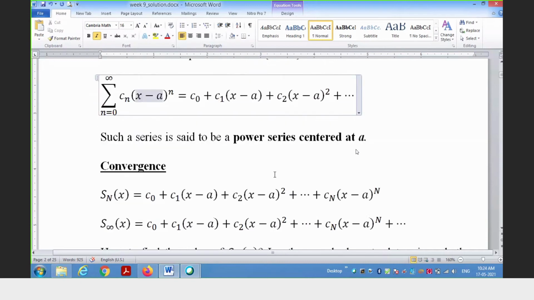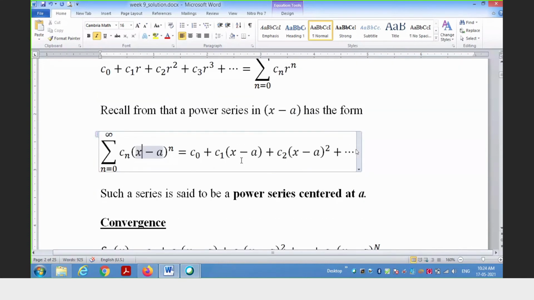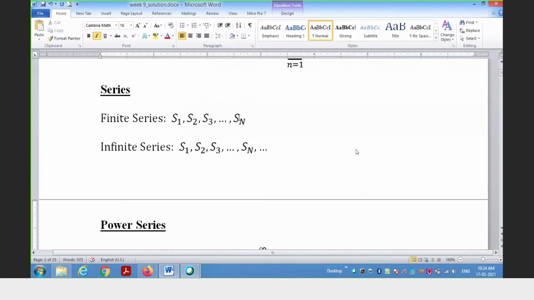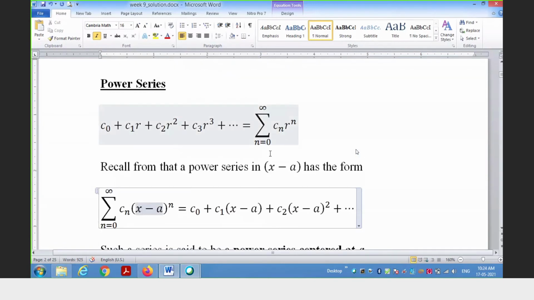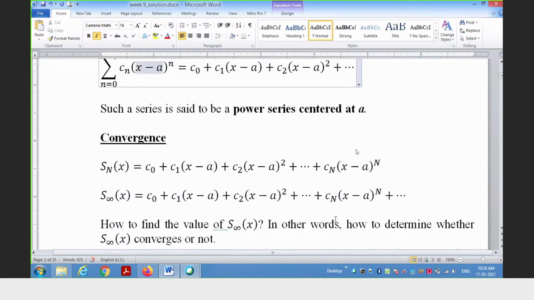So we want to test whether this series converges, and converges to what value. This series Sn has limited terms, and S infinity has infinitely many terms.